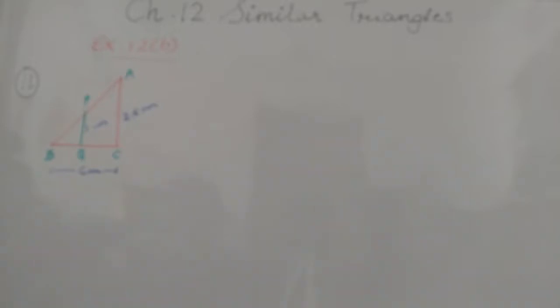Here in question number 11, you can see triangle ABC is right angled at C. So this is our C right angle. From P, a point on the hypotenuse, so here is the point P on the hypotenuse.